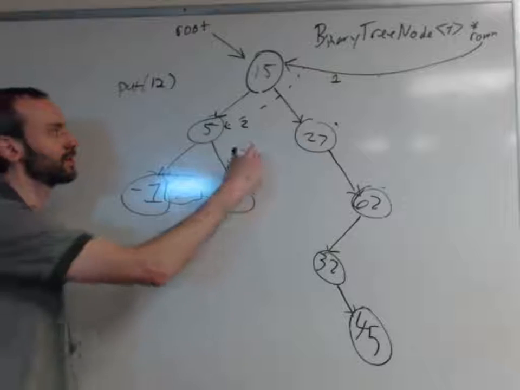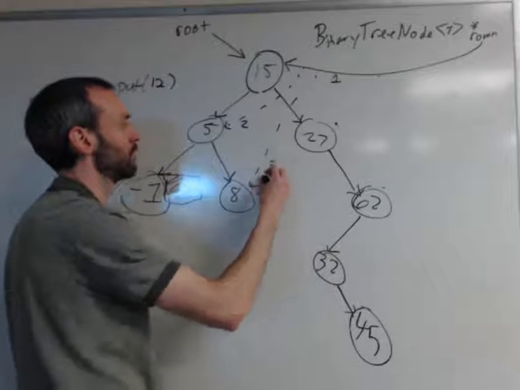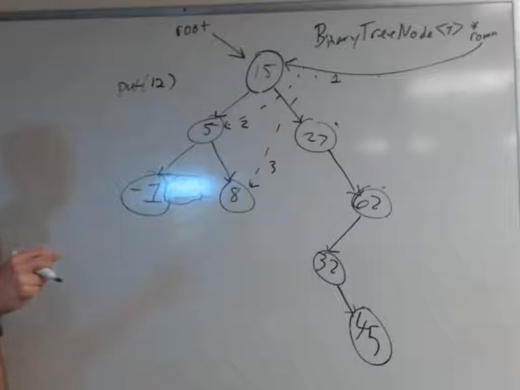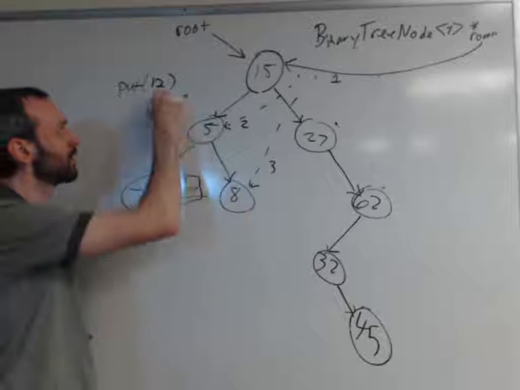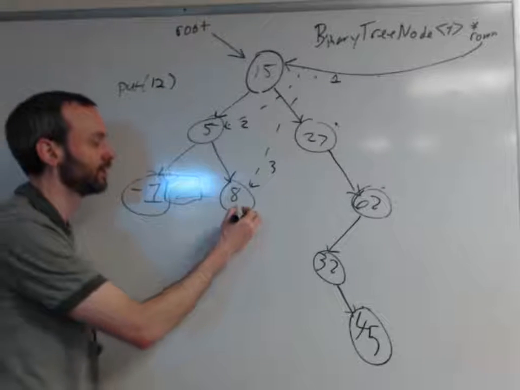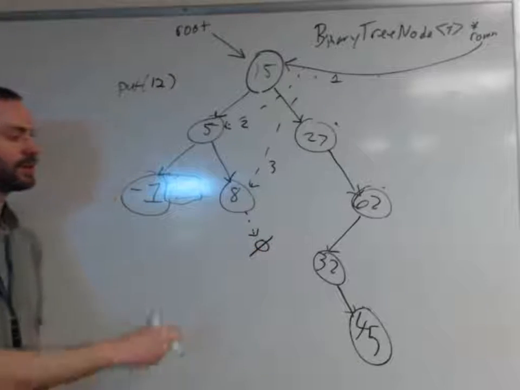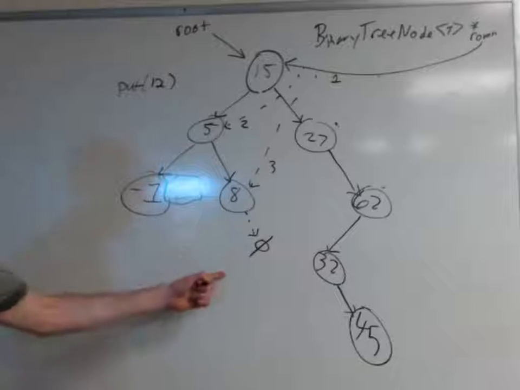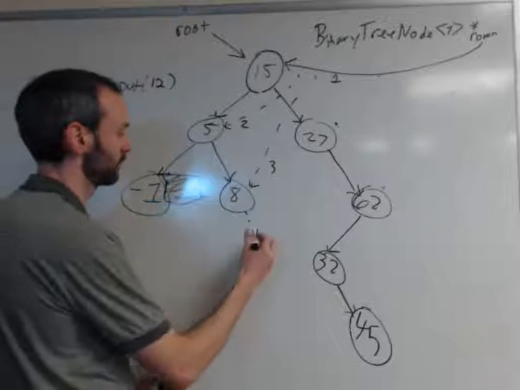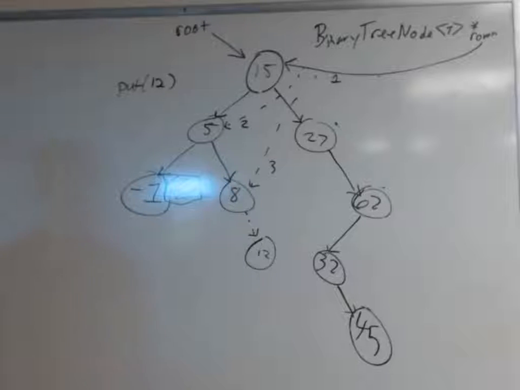That node exists, so then we're going to recurse and move rover to 8. Now we're at 8. We ask, is 12 less than 8? No. So we need to go to the right, but right is currently null. So we instead use that node that we created and put it right here. Okay?